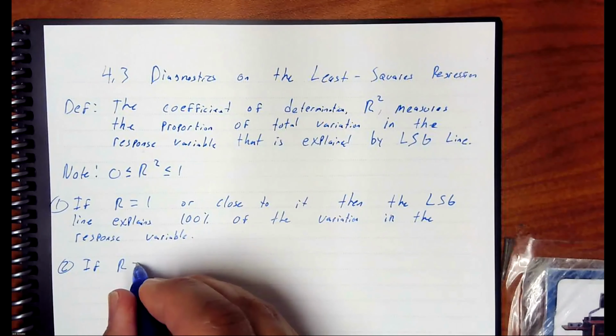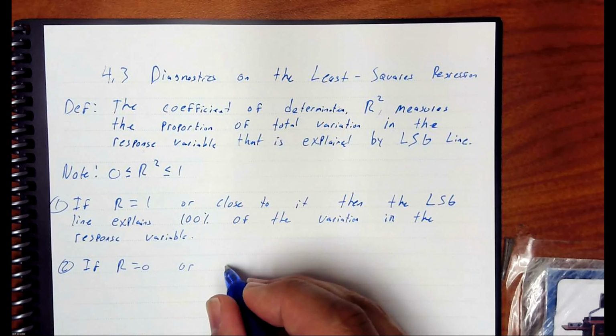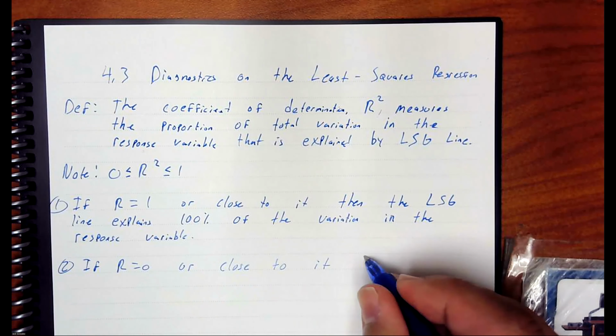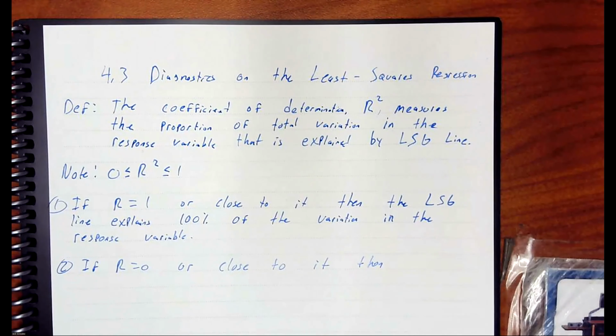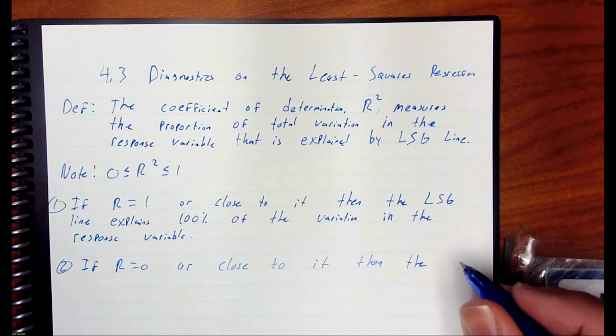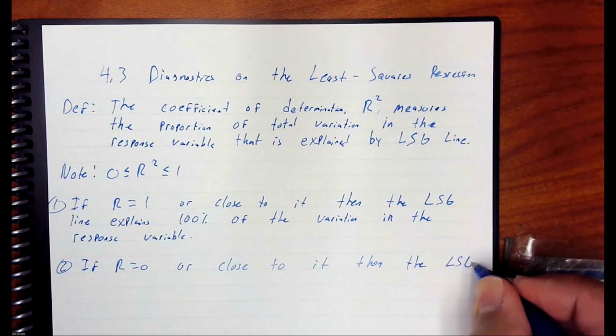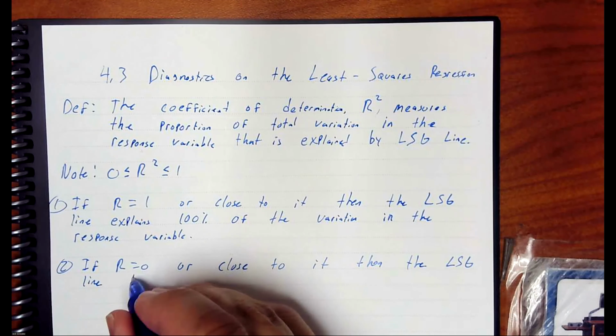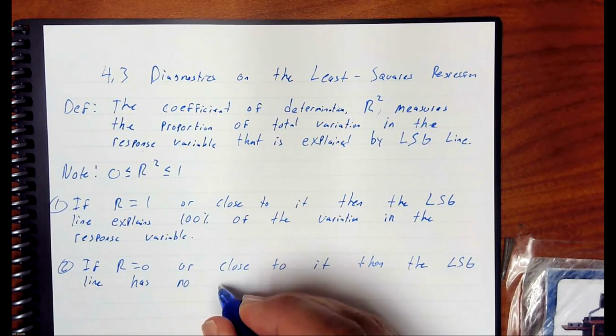If R squared is equal to 0 or close to it, then the LSR line has no explanatory value.